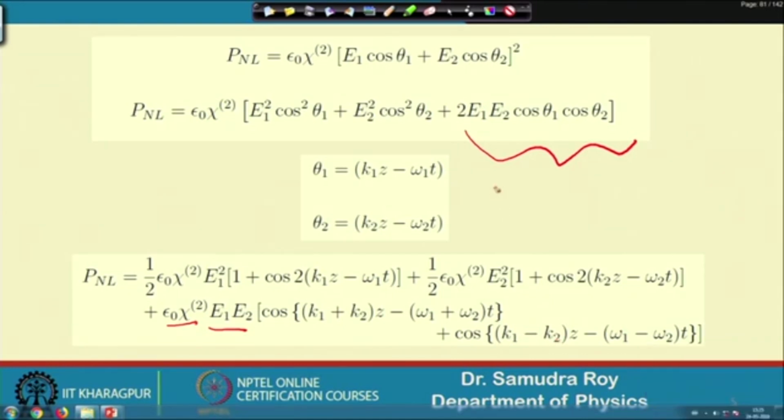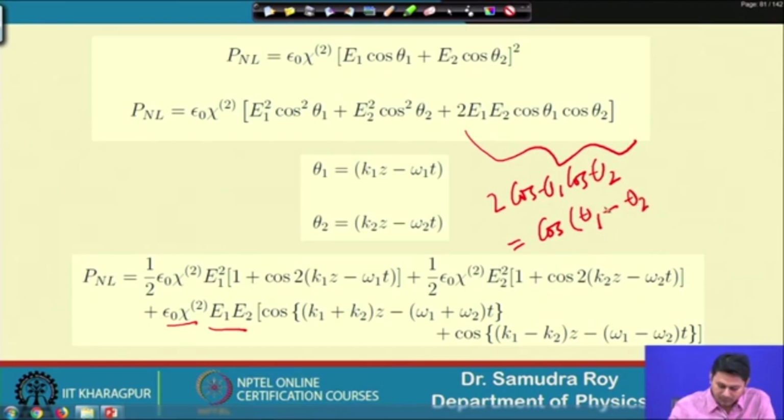Let us write it, maybe then it will be clear. So, 2 cos theta 1 cos theta 2 will be cos of theta 1 plus theta 2 plus cos of theta 1 minus theta 2.